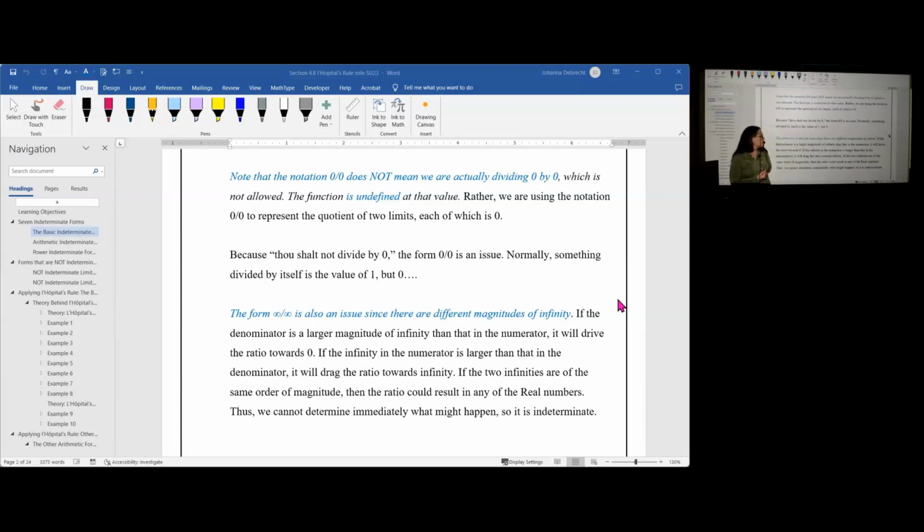Now, the next thing we want to look at is why infinity divided by infinity is such a problem. The deal is there's a thing called cardinality. Cardinality represents this magnitude of infinity that you have. There are different sizes of infinity. If you want to talk about the counting numbers or the rational numbers, ratios of two integers, those happen to be countable sets.